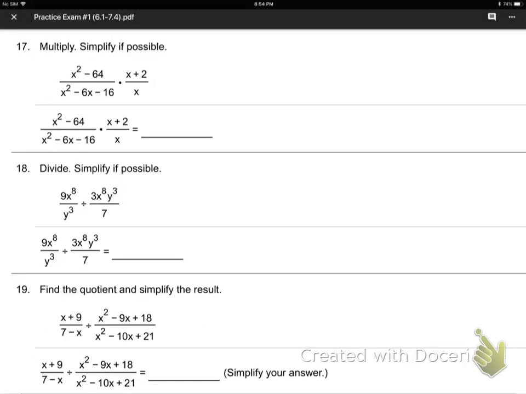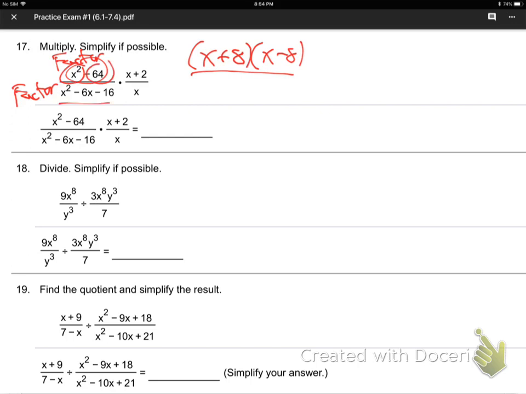Okay, number 17, we're multiplying, but really it just means it's a bunch of factoring again. So how do you factor that? It's a double-double, huh? There's no GCF there. So that's x plus 8, x minus 8, right? When 2 terms, double-double. Down below 3 terms, that's going to be the diamond. What multiplies to be minus 16 and adds to be minus 6? 2 and 8.